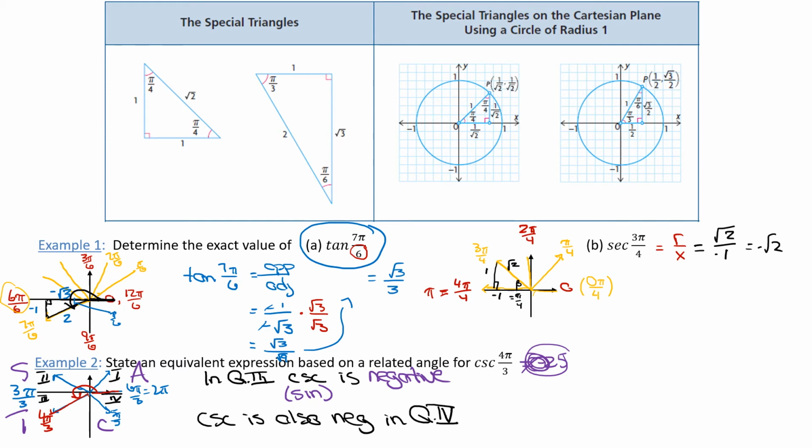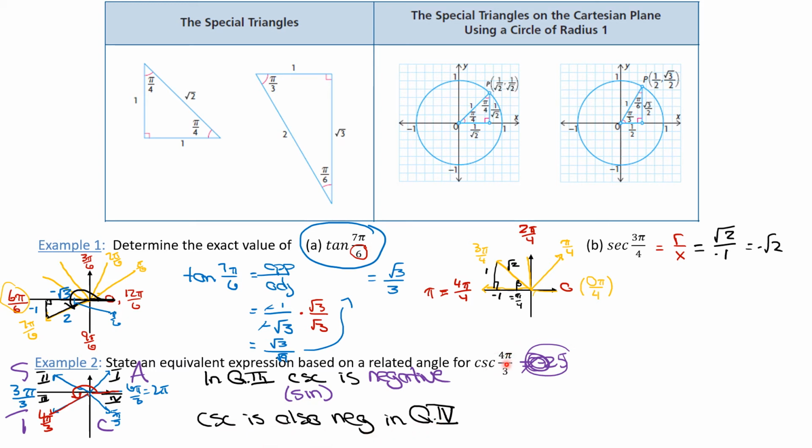It is negative because of the CAST rule. The only thing positive in quadrant 4 is cos, so that would mean cos or secant. Cosecant and sine go together, so they follow the CAST rule the same way. So now what I have to figure out is, cosecant is negative in quadrant 4.